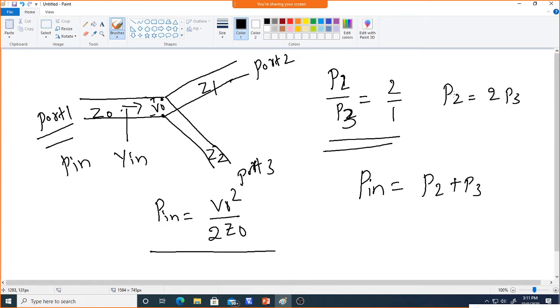Now if you substitute this value of P2, you get 2 times P3 plus P3 as it is.